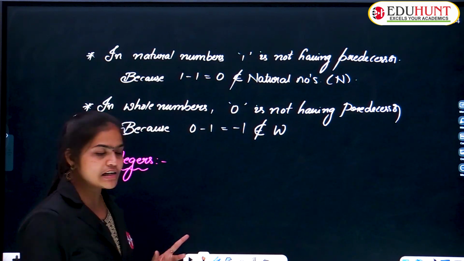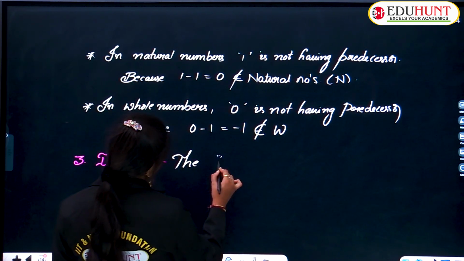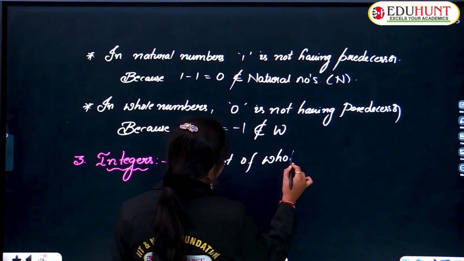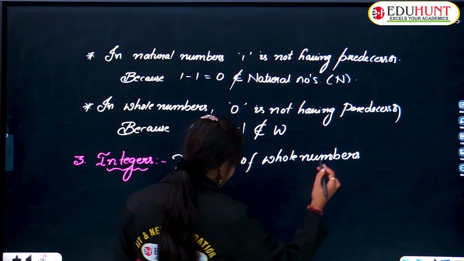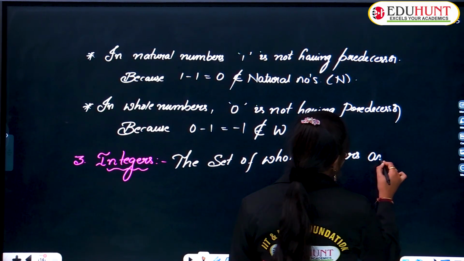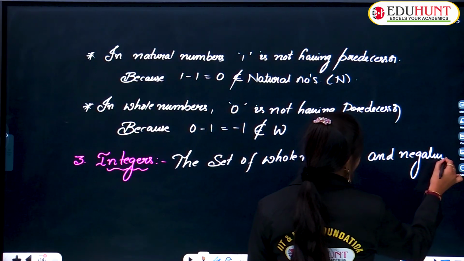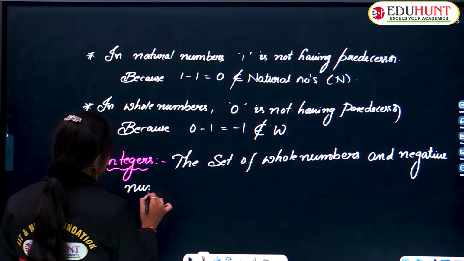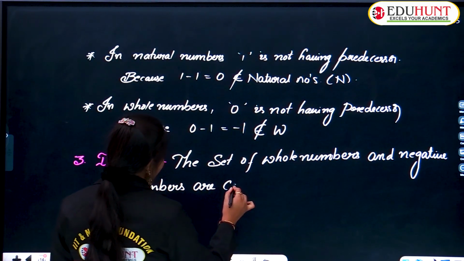Two definitions we can say here: the set of whole numbers and negative numbers are called integers.